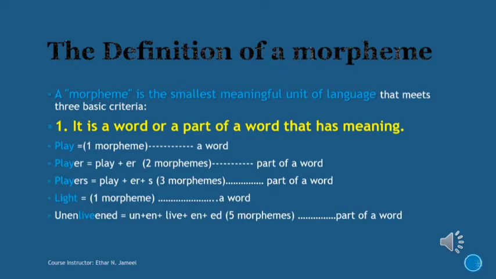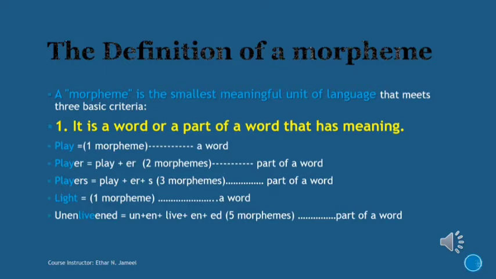S is the plural s, so it has the meaning of plurality. Play here is part of the word players. Er is part of the word players and s is part of the word players. So each one of them is called a morpheme because it has a meaning and it is part of the word players.